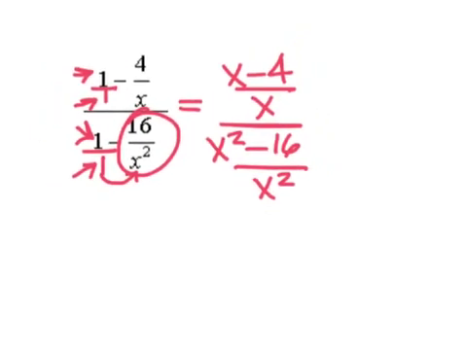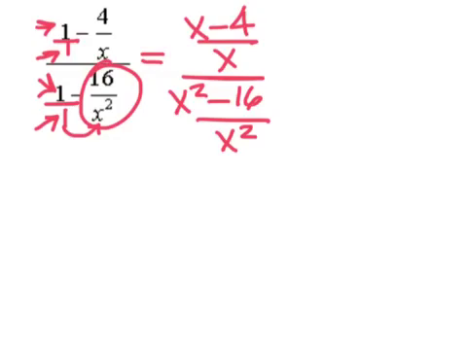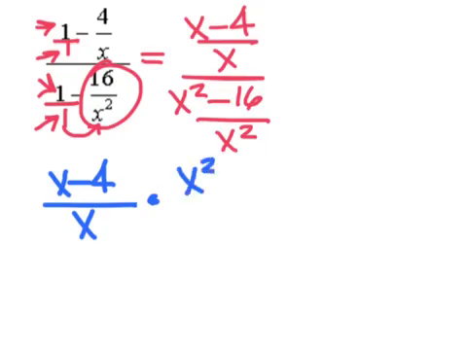So we have to keep the x minus 4 the way it is over x, but multiply by x squared over x squared minus 16. So we're doing the same thing, except if you don't remember the difference of two squares and how to factor them, you're going to take too much time on this problem.